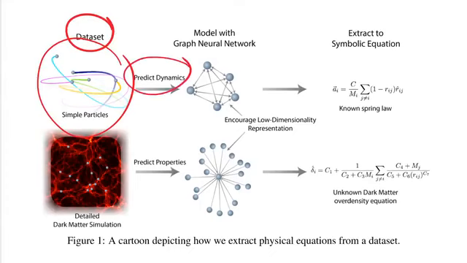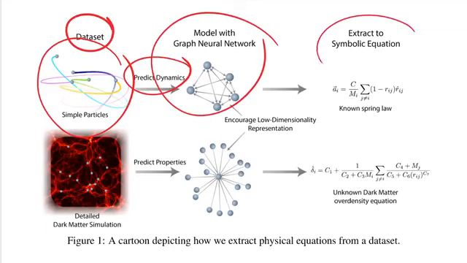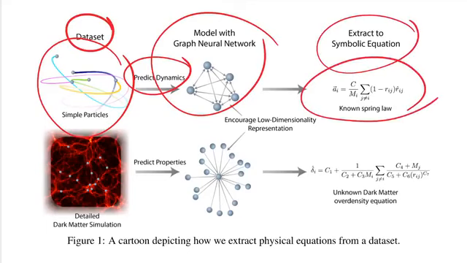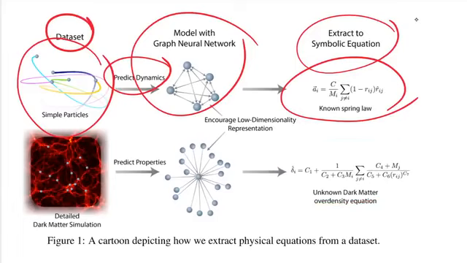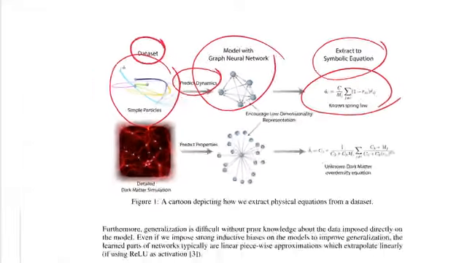They predict the dynamics in a numeric fashion with a graph neural network. And then from the graph neural network, they extract the symbolic equation, as you can see right here. This is the equation that they figured out that was previously unknown. They even say it: unknown dark matter over density equation.